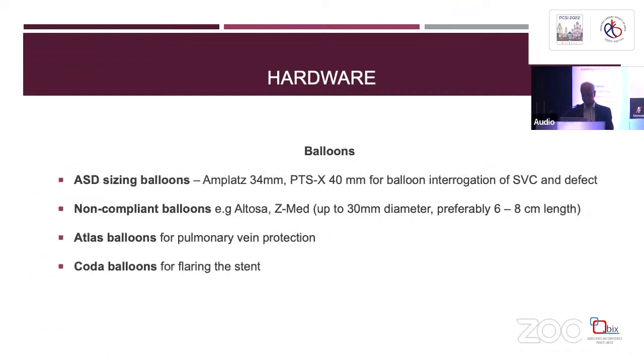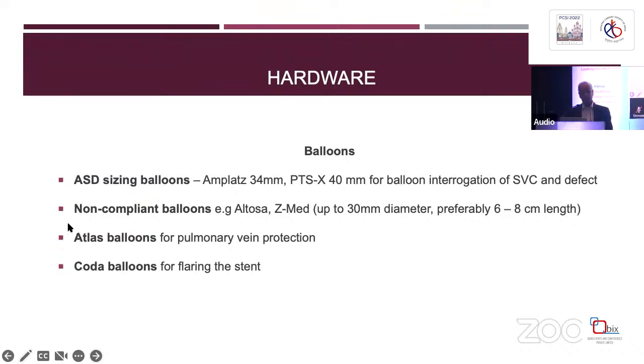transeptal puncture. As far as balloons are concerned, we generally start with ASD sizing balloons, such as the Amplatz ASD sizing balloon, the 34 millimeter, or the PTS-X from NuMED, 40 millimeter diameter, for the interrogation of the SVC.